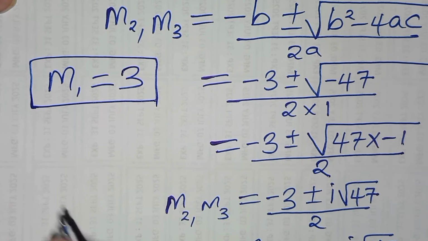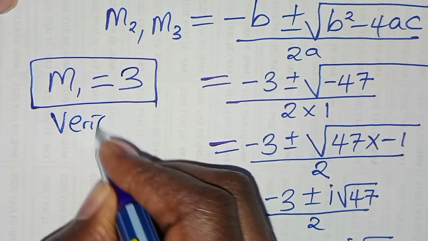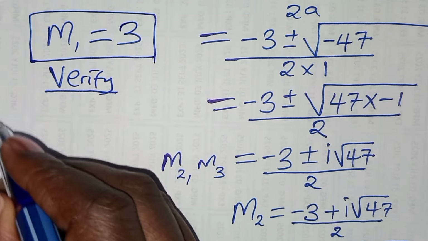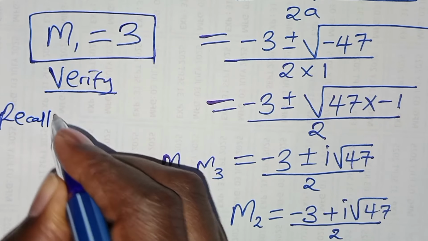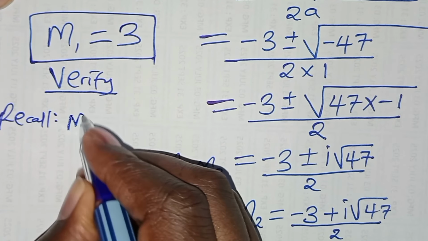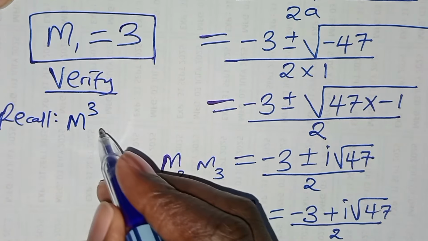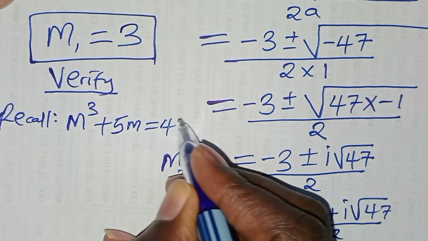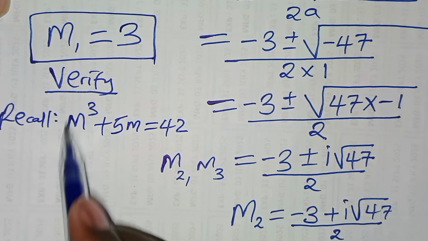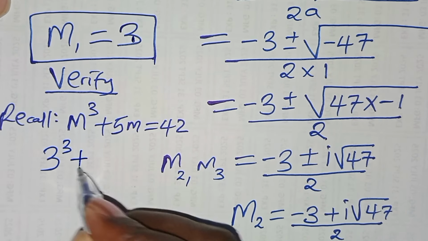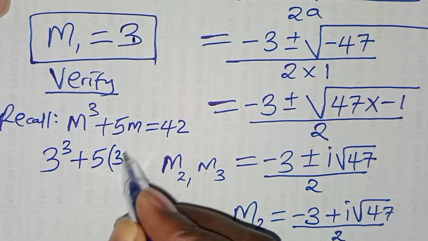So let's verify this quickly. Now, if you recall, we had that m to the power 3 plus 5m should give us a value of 42. Substituting the value of m, which is 3, we'll have 3 to the power 3 plus 5 times 3.